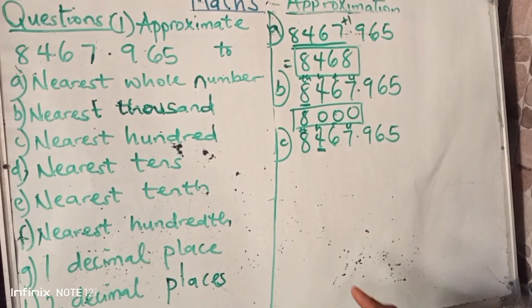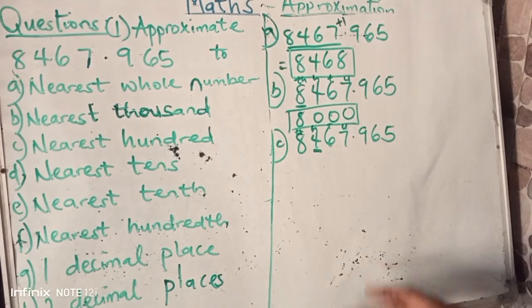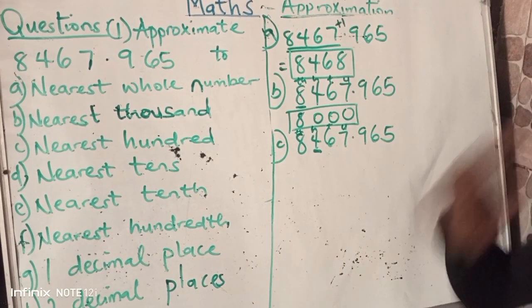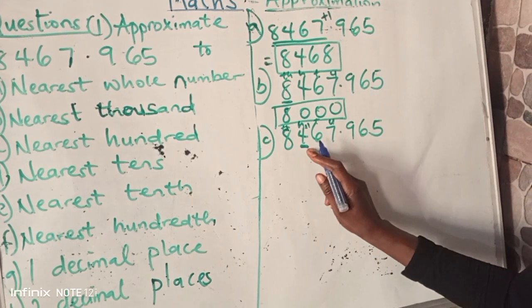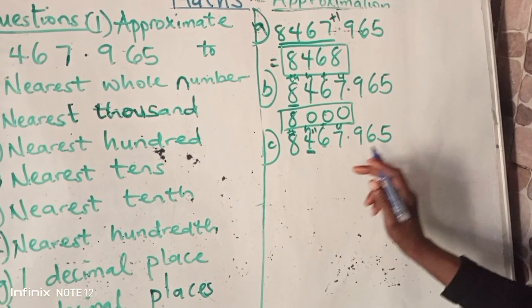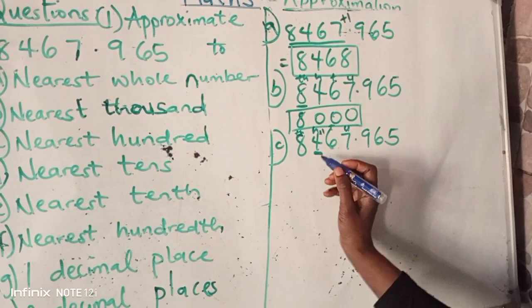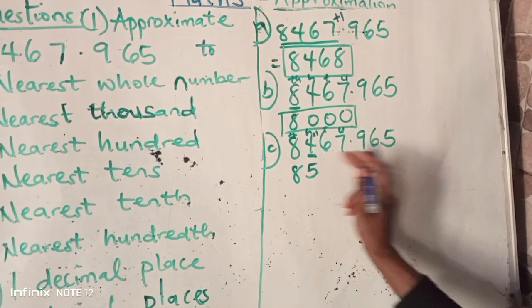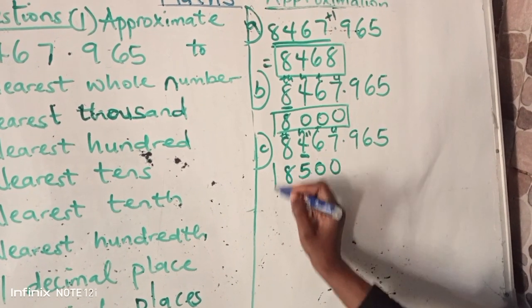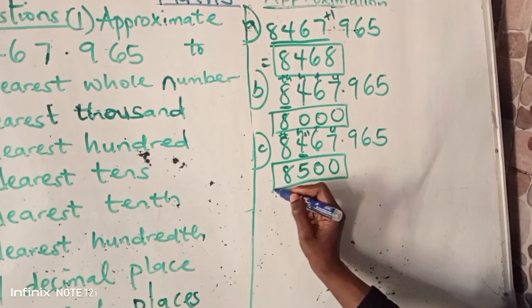Is it more than 5 or less than 5? It is more than 5. It means we will round it up as 1. We will put plus 1 to the concerned number. Now, every other number will be seen as 0. It means 4 plus 1 will give us what? 5. All other numbers will be 0. Then we put it in block.